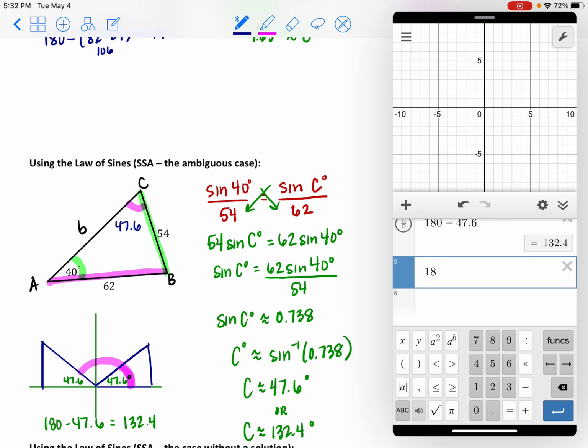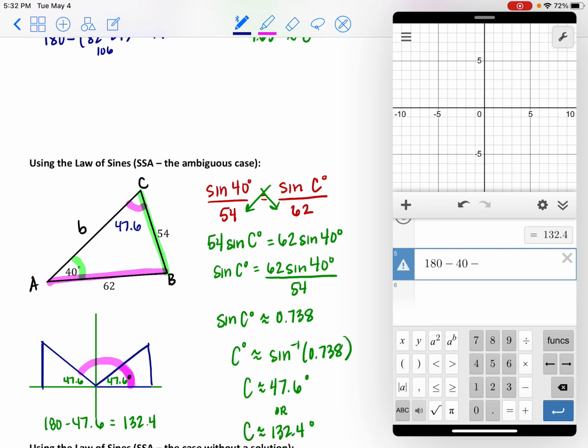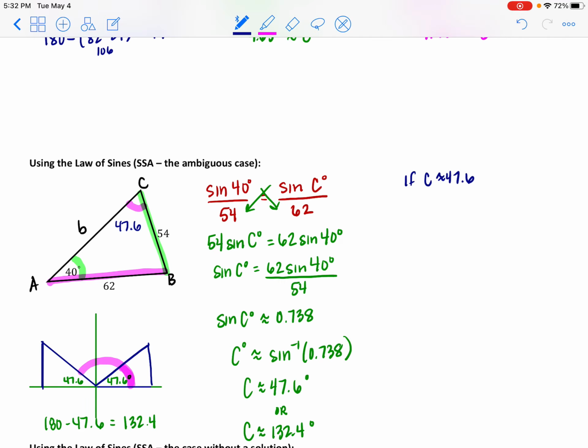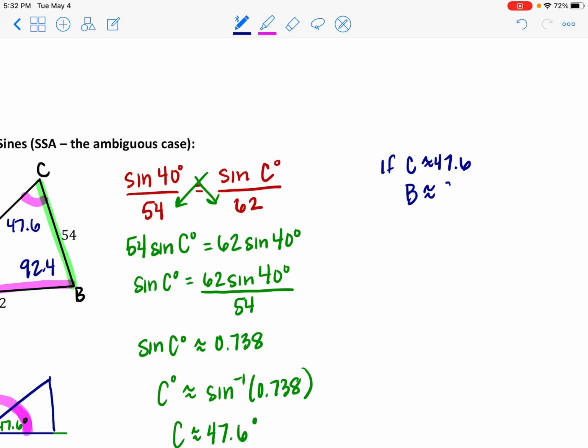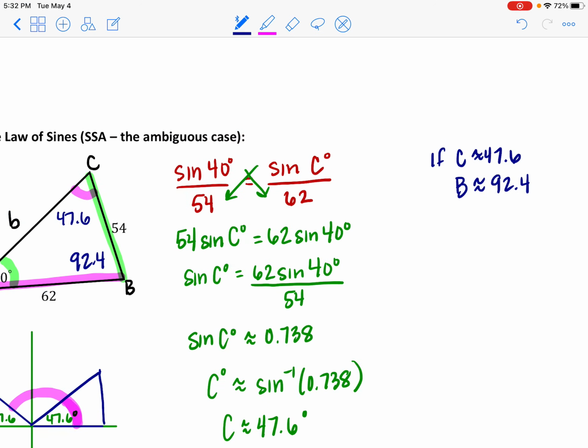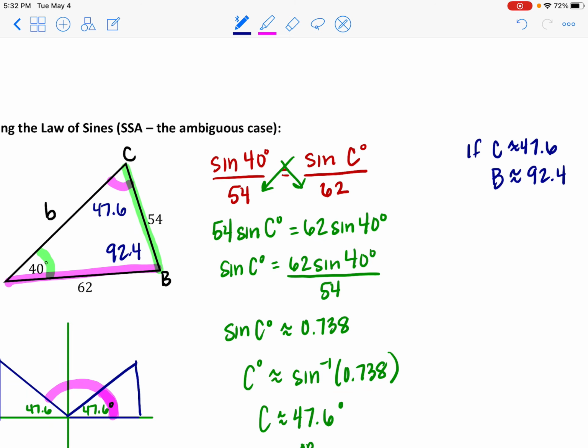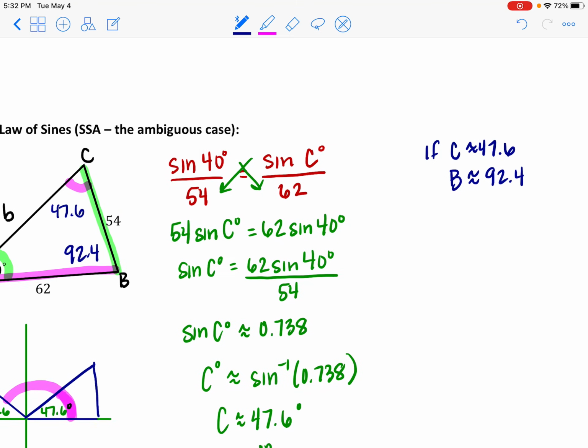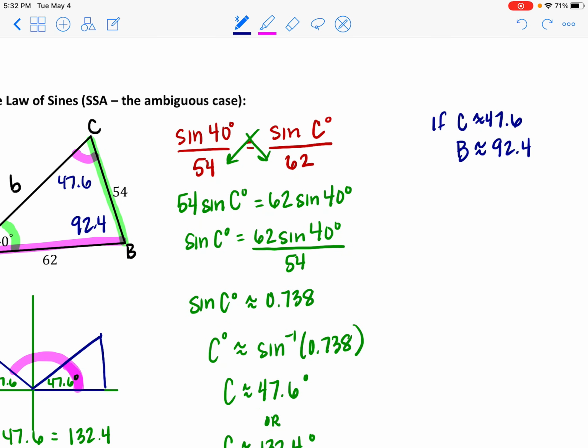So 180 minus the 40 and the 47.6 means that the remaining angle would have to be 92.4 degrees. So B would have to be 92.4. So if C is 47.6, B is 92.4. And then we can use a ratio like we did here in order to find the missing side length b.